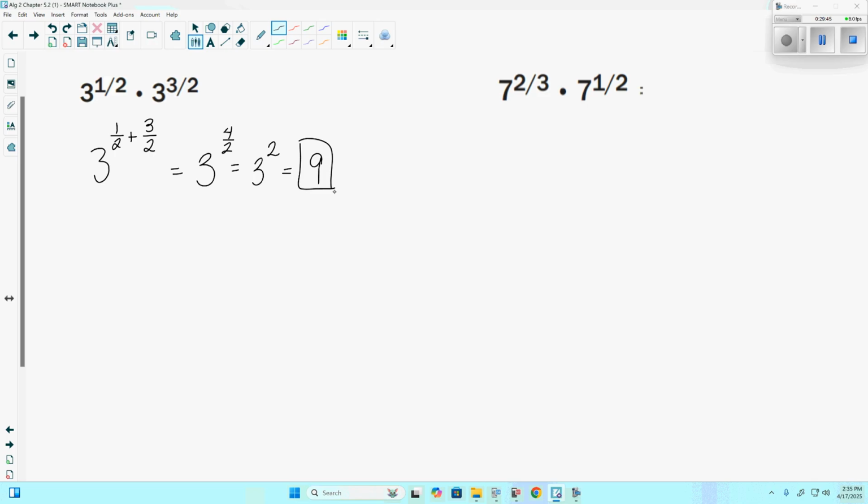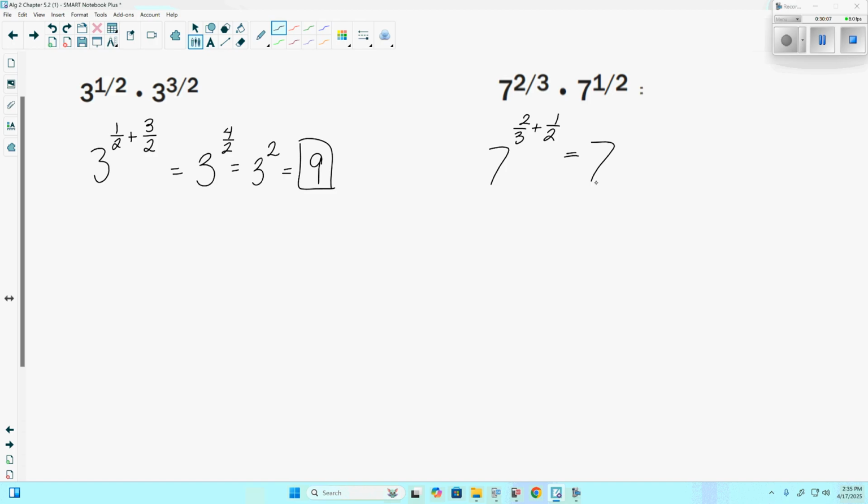Now, if it doesn't reduce, we have to just leave it. So 7 to the 2/3 times 7 to the 1/2 is 7 to the 2/3 plus 1/2. Now, at this point we would have to add the 2/3 and 1/2. Two ways we can do it.